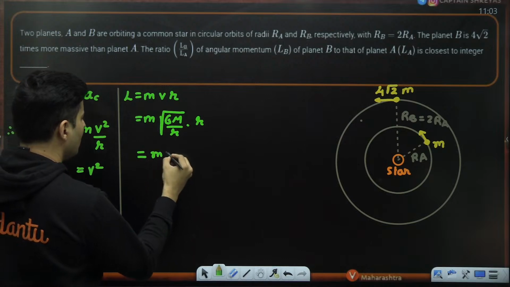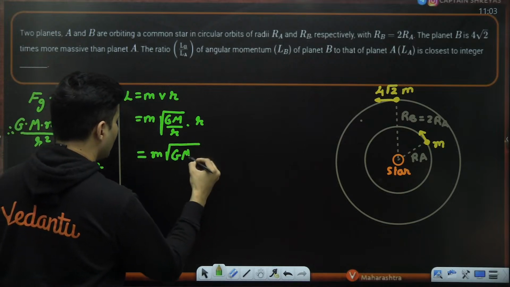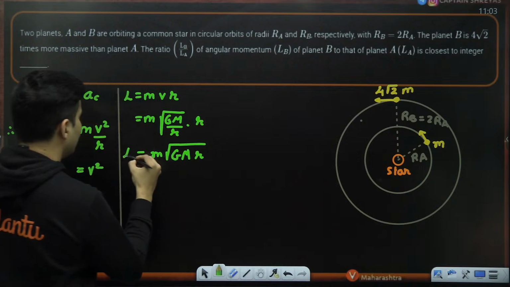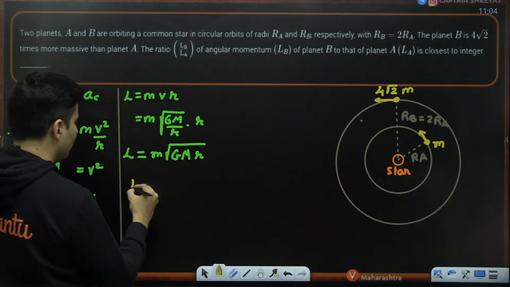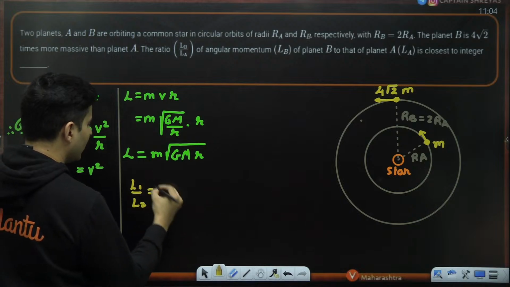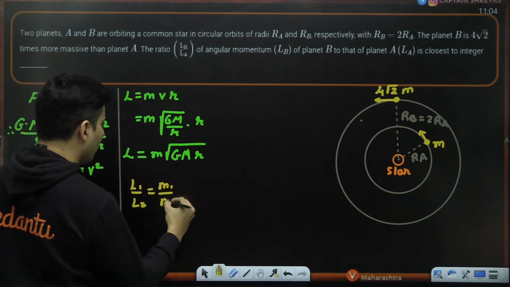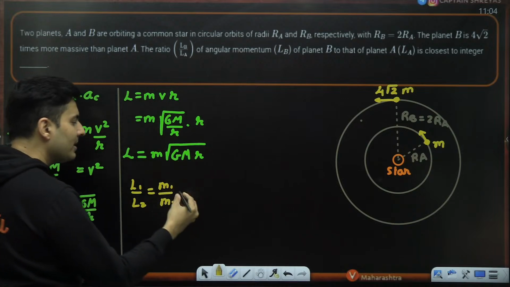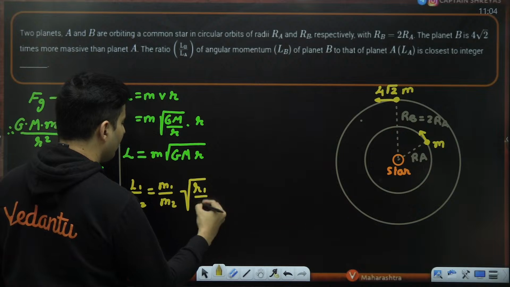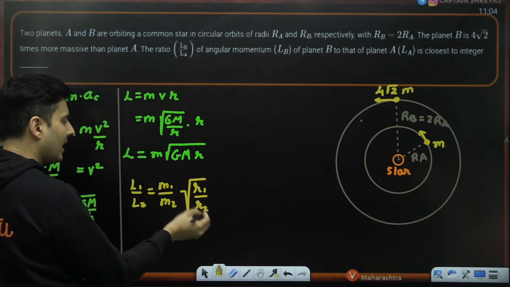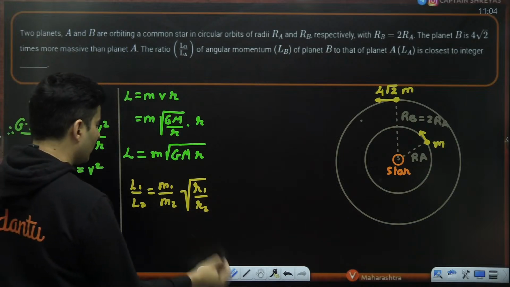It will become m root of capital G, capital M, and the radius. That is your angular momentum. Now I want the ratio of the angular momentums. So L1 by L2 will be m1 by m2, root GM will be the same. The only thing which will be different will be the radius, so root r1 by r2, which in this case is a and b.